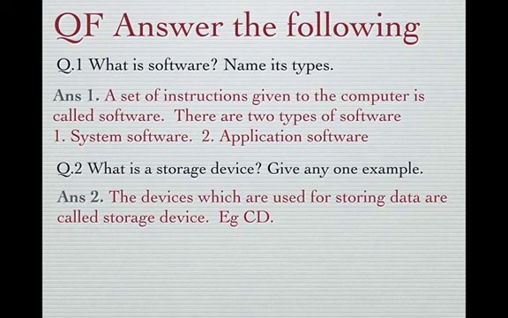I repeat the answer. The devices which are used for storing data are called storage devices. Now, I have written your example of CD, compact disc. You can give any example, like either you can write hard disk or you can write pen drive or CD. Whichever one example you write, it is correct.